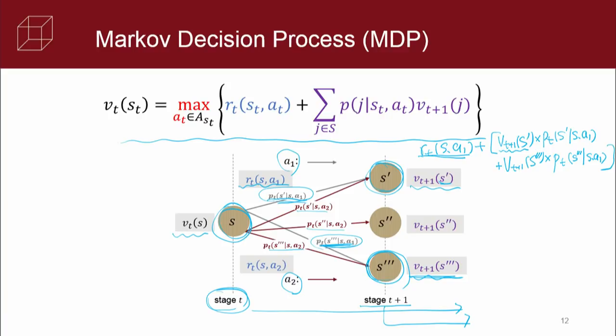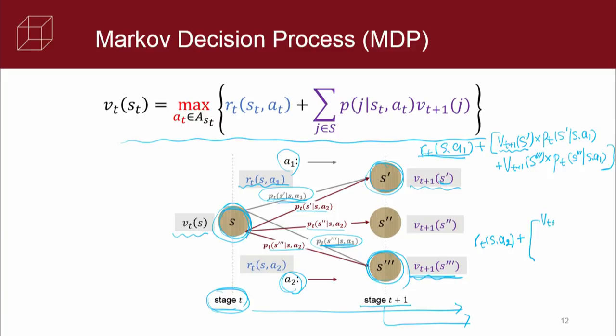Similarly, the expected total reward from S in stage T to the end when the action A2 is chosen is the immediate reward, and you should consider the expected total remaining reward from the stage T plus 1 to the end.